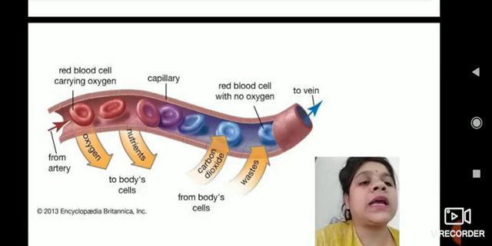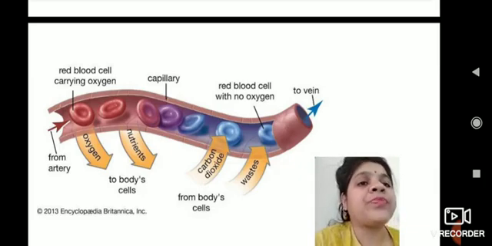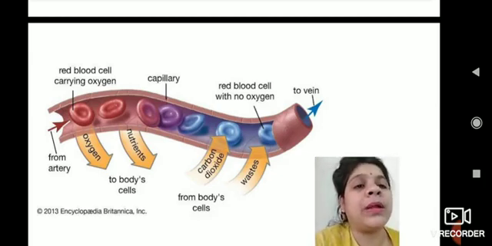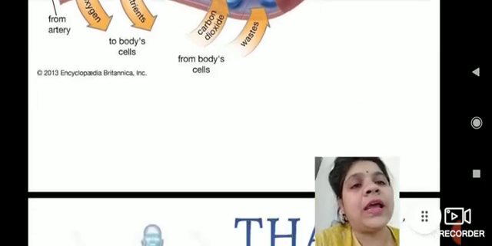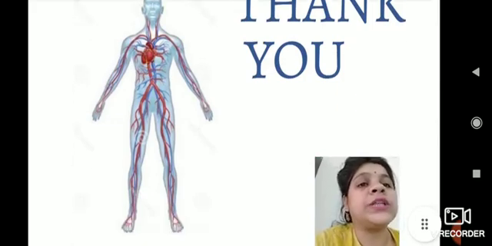And the carbon dioxide and waste are diffused to the capillaries, and then capillaries take this deoxygenated blood and metabolic waste towards the heart, and the heart sends it to the lungs for oxygenation and exhalation of carbon dioxide. This is the circulatory system.